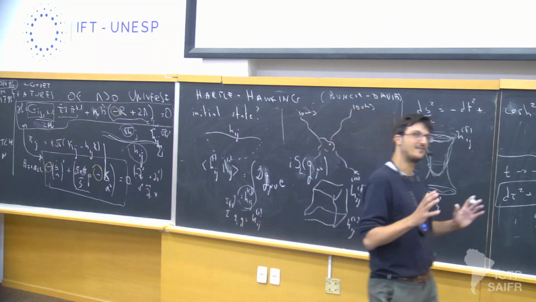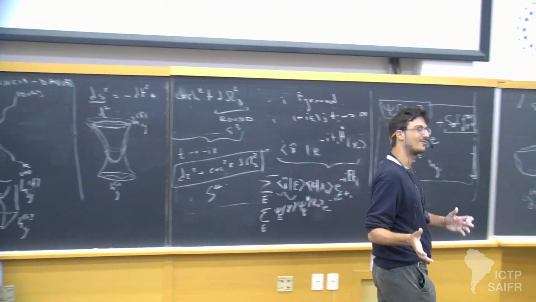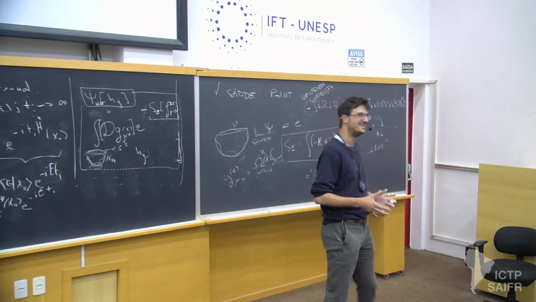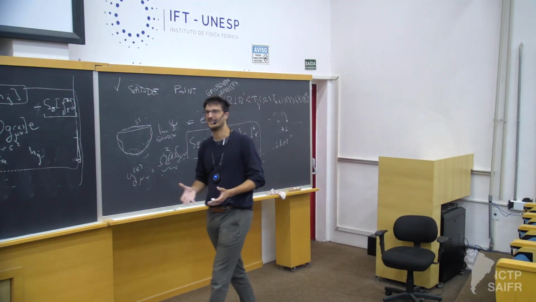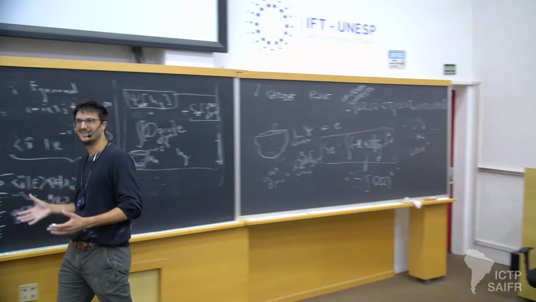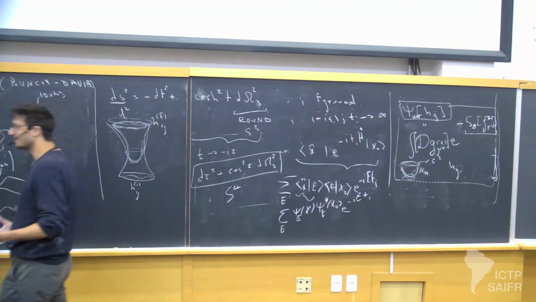And if we have a Euclidean CFT, there ought to be a corresponding Euclidean gravity with AdS asymptotics that is a sensible object as well.